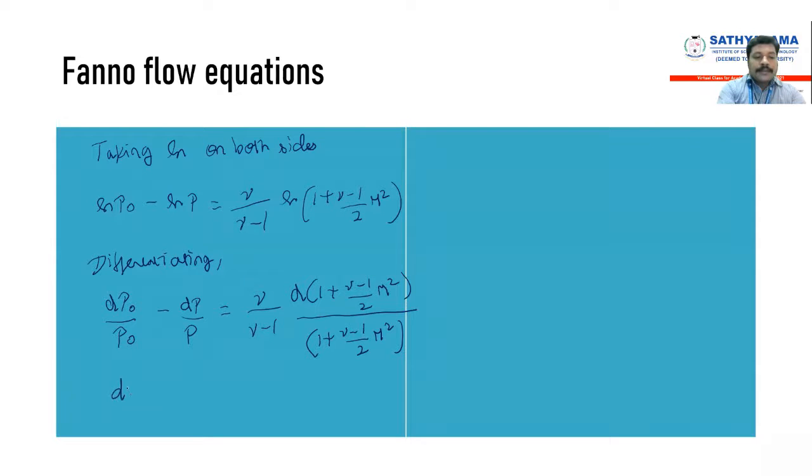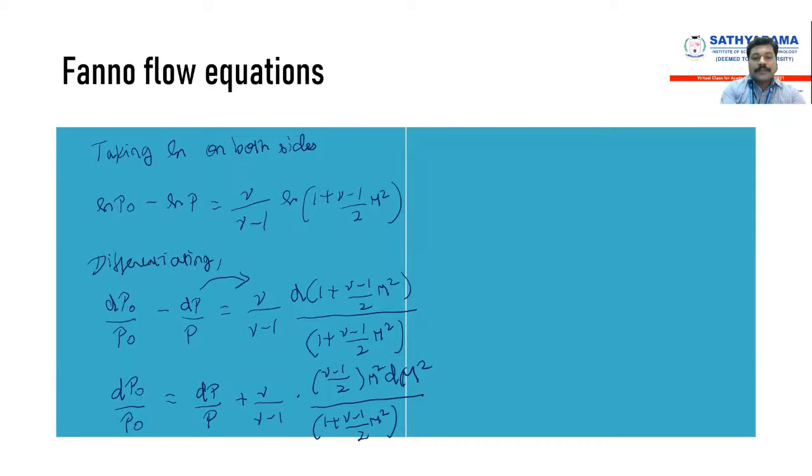And then we have dP naught by P naught is equal to, the minus dP by P goes to the right hand side, so we have plus dP by P, then gamma by gamma minus 1 times (gamma minus 1) divided by 2, and then dM square by M square, whole divided by 1 plus (gamma minus 1) divided by 2 M square.